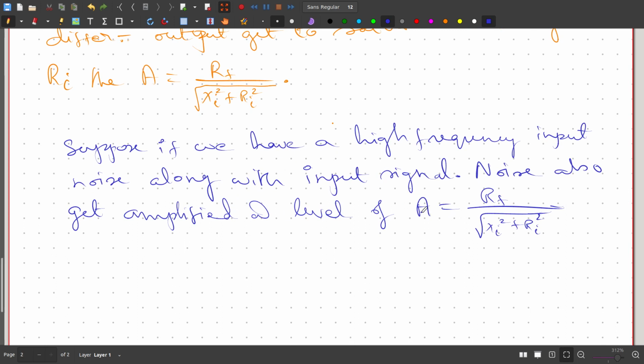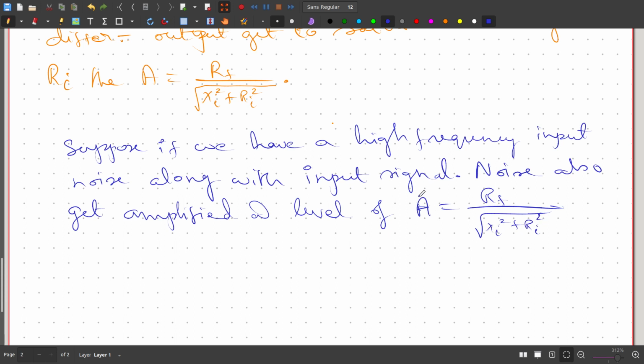So in order to suppress that, we need to reduce the amplification factor for the noise. This can be reduced in two ways. At high frequency, the reactance of the input capacitor is very low, so it won't play any role, and Ri is fixed.